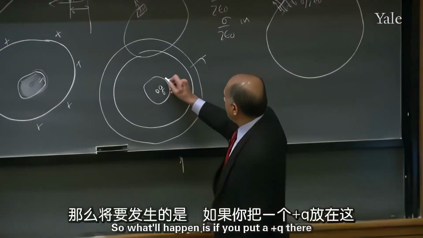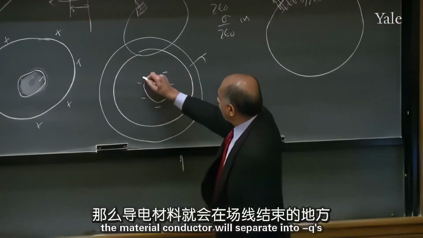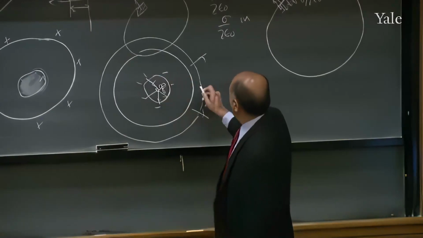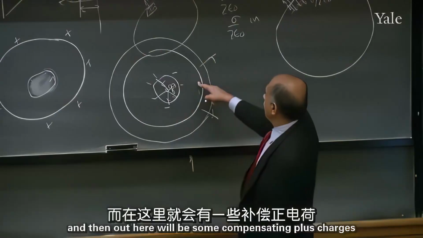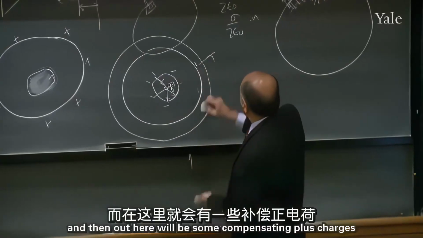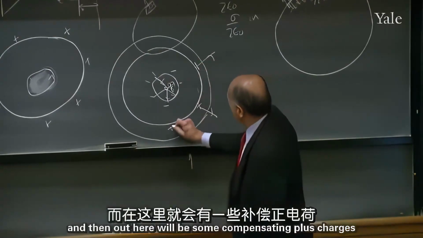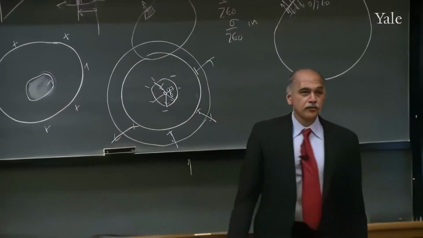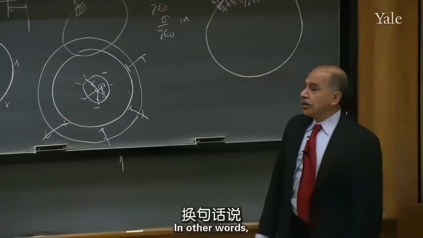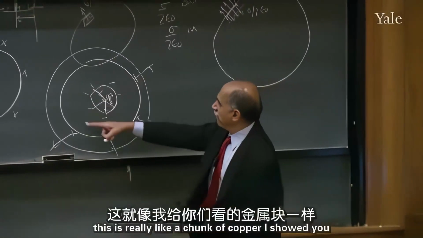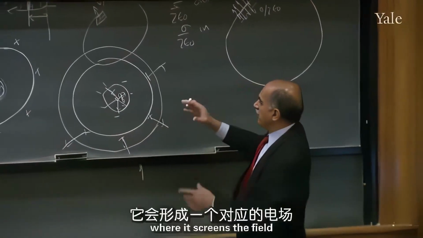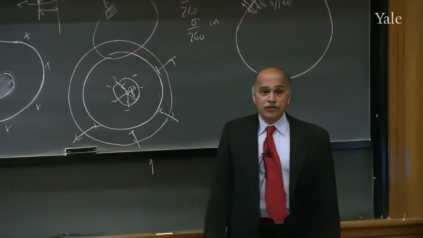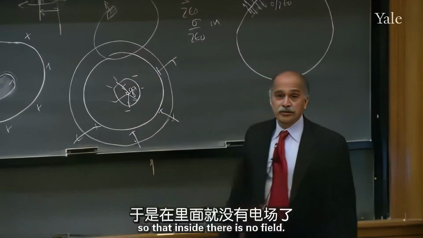So what will happen is if you put a plus Q there, the conductor material will separate into minus Qs, where these lines can terminate, and then out here will be some compensating plus charges that will produce the lines going out. In other words, this is really like a chunk of copper I showed you, where it screens the field by polarizing into negative part in this wall and positive contribution on the outer wall, so that inside there is no field.